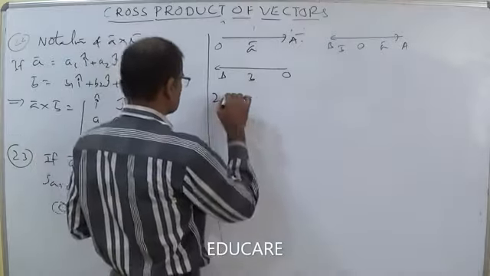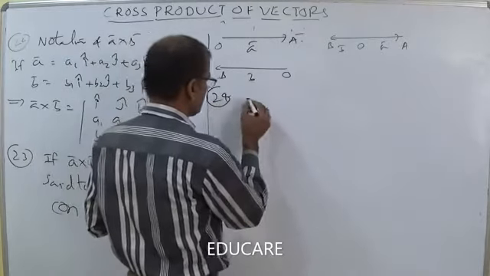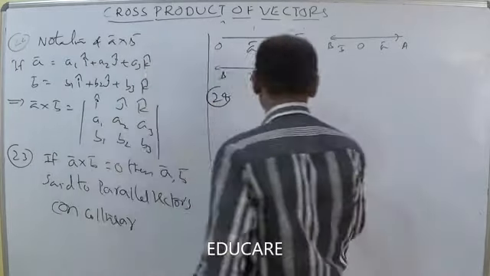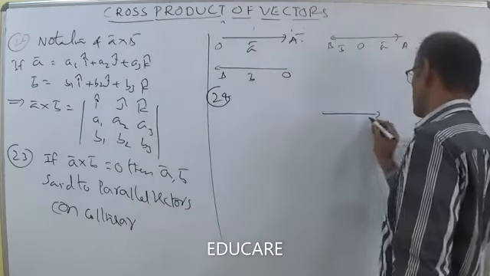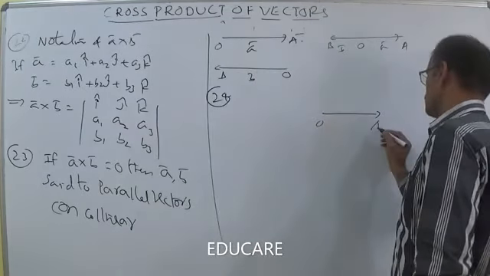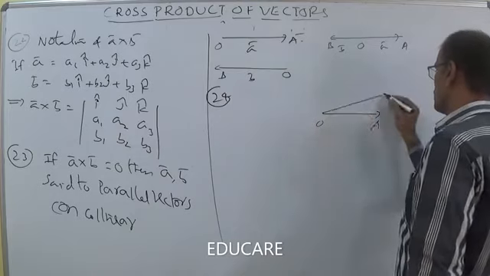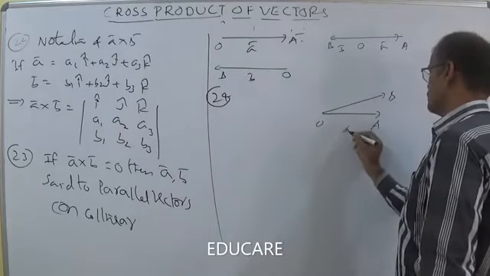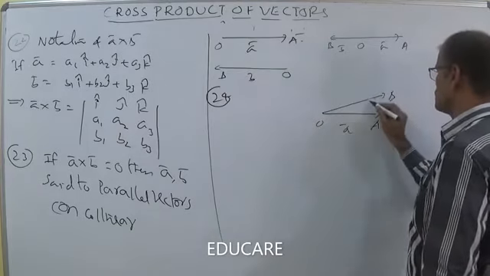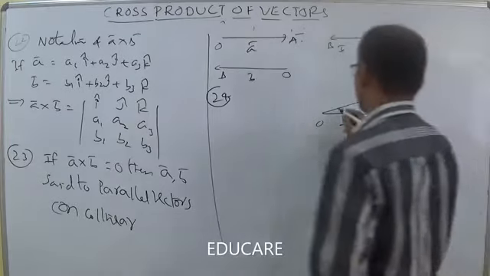Another diagram I am saying, you can try to understand. Let this be O, this is A, this is B. This is A bar and this is B bar.